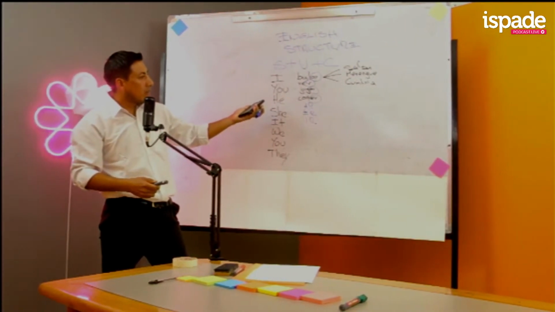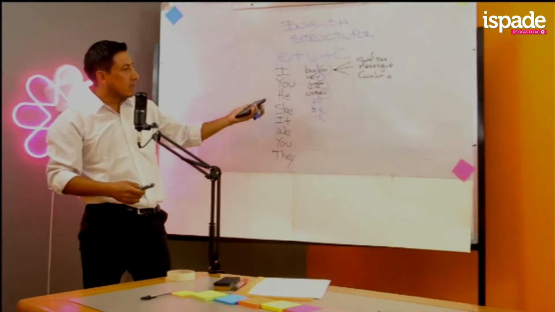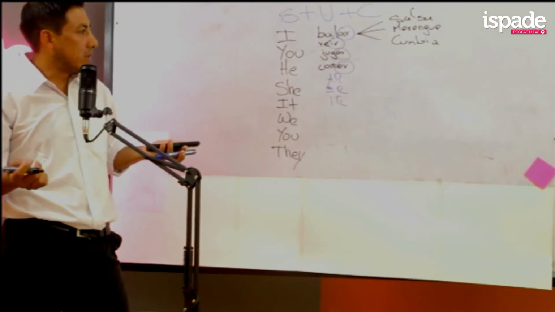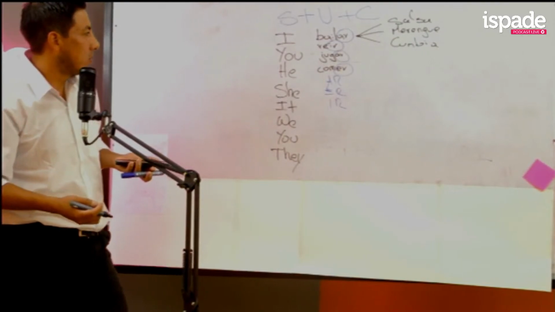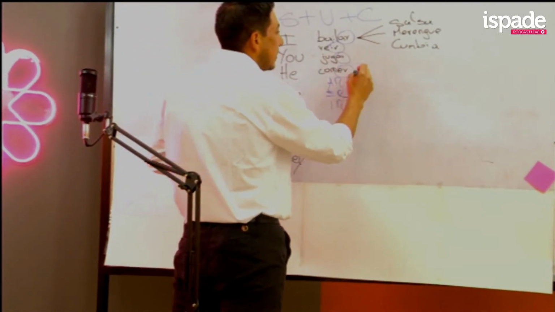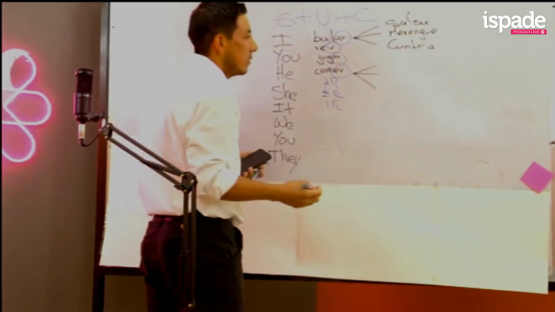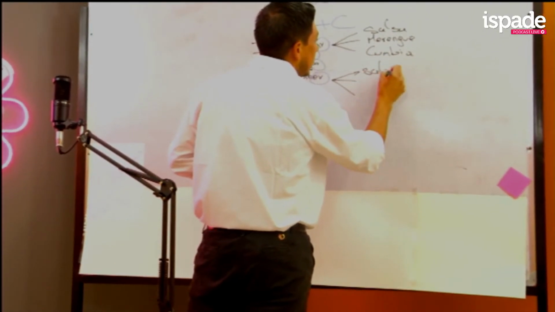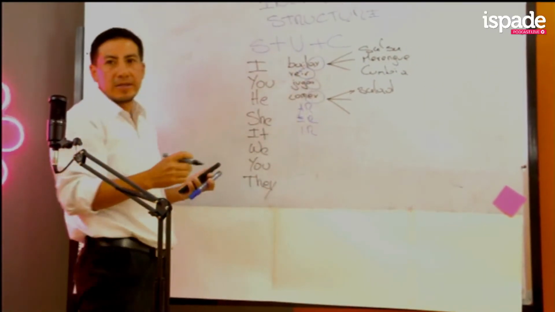He eats, and the complement can be any complement. Let's see how it works. He eats. He can eat salads, for example. Ensalada.